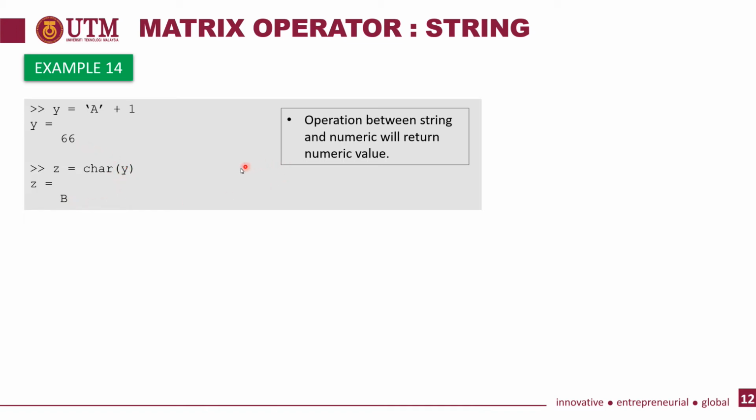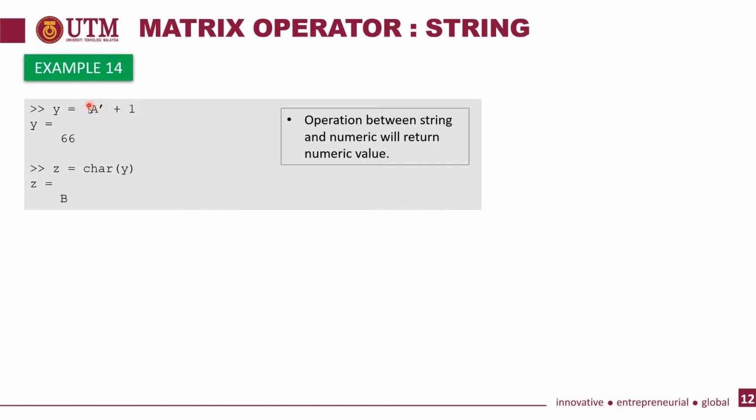Each character inside MATLAB has been assigned a specific integer. So an operation between a string and a numeric will return a numeric value. It will not return any string value. When you are writing an expression of string, you need to put the apostrophe on the right and left here.